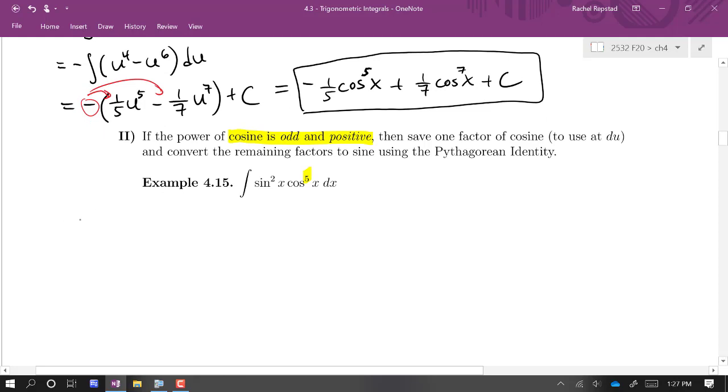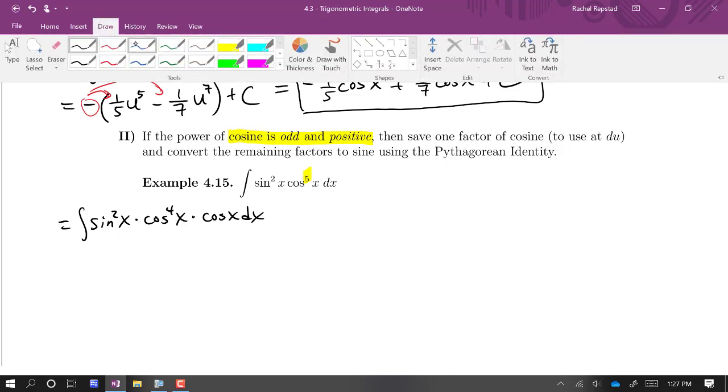Right away, we are thinking ahead: if I'm throwing cosine at the end, that's going to be my du, and so u is going to end up being sine x. Let's see how this looks once we throw that factor at the end. You get cosine to the fourth x times cosine x dx.